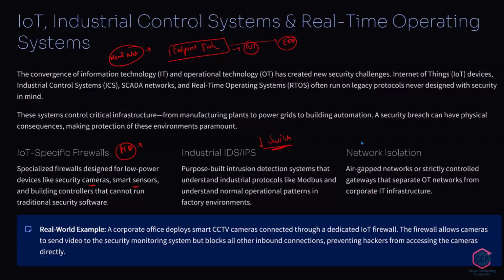Network isolation, in the sense, here you keep protecting or isolating devices so they are not accessible to anyone. Let's take an example: there are 10 laptops or 10 endpoints where one of them is infected with a malware.